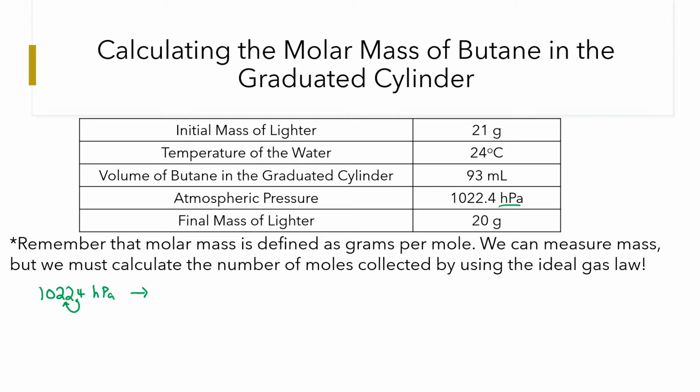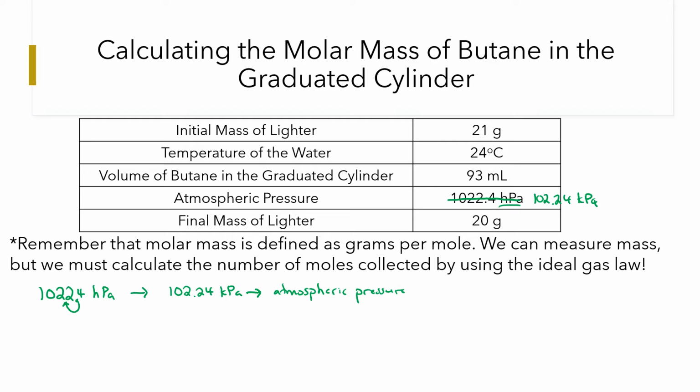That turns it into a kilopascal. So I have 102.24 kilopascal. So this right here, y'all, is my atmospheric pressure. So I'm going to cross this out and rewrite it as my kilopascal value.